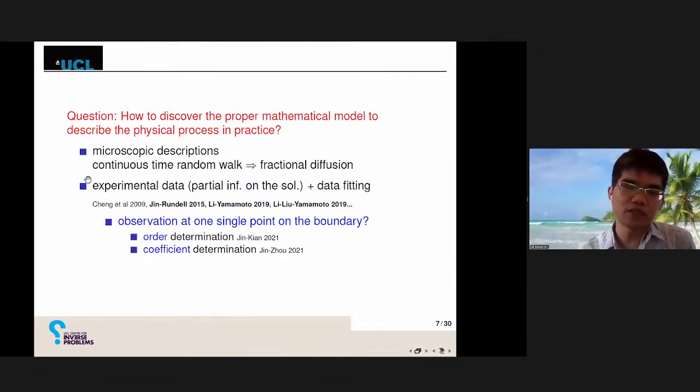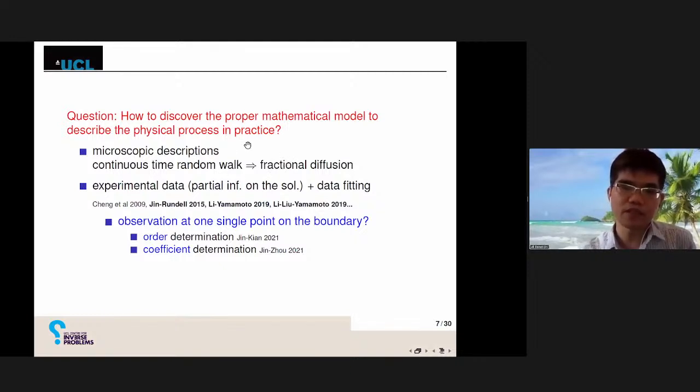Roughly speaking, there are two different strategies one can follow in order to answer this question. One is that we start from the microscopic description. For example, we start from a continuous time random walk, and in this random walk there are some parameters we can specify, and then we consider the diffusion limit, and this will end up with some time fractional diffusion model.